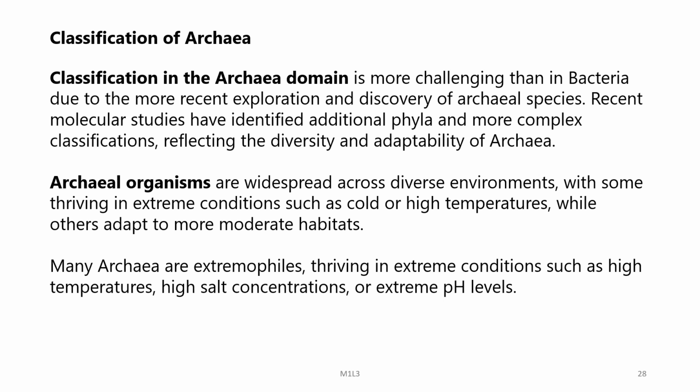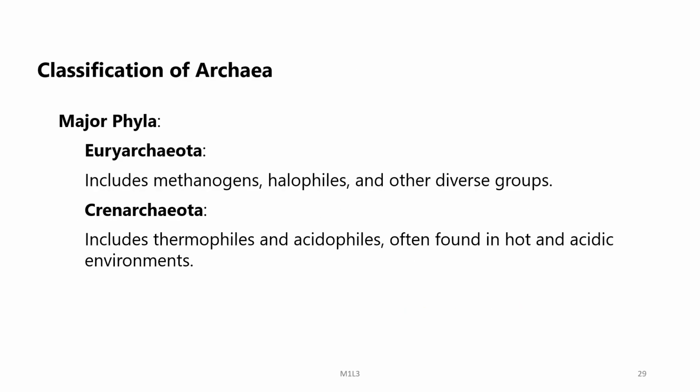Archaeal organisms are widespread across diverse environments, with some thriving in extreme conditions such as cold or high temperatures, while others adapt to more moderate habitats. Many Archaea are extremophiles, thriving in extreme conditions such as high temperatures, high salt concentrations or extreme pH levels. We have the Archaea divided into various phyla.